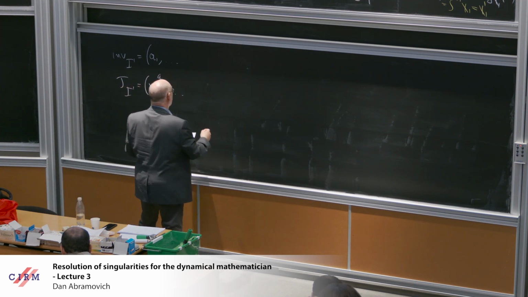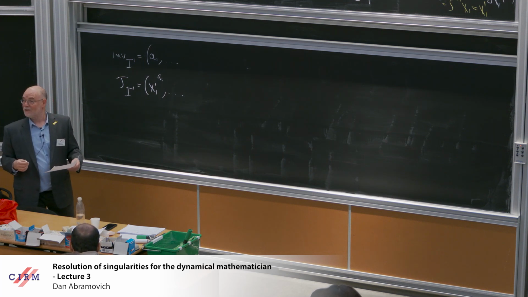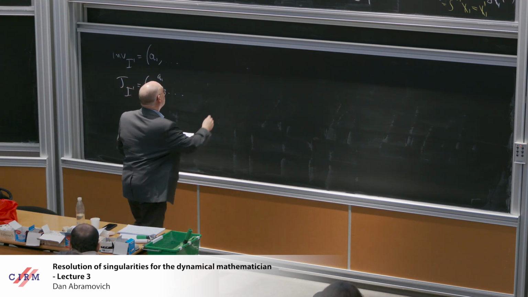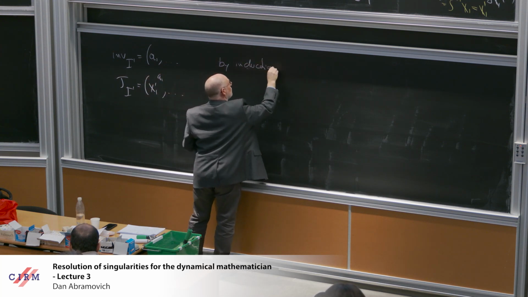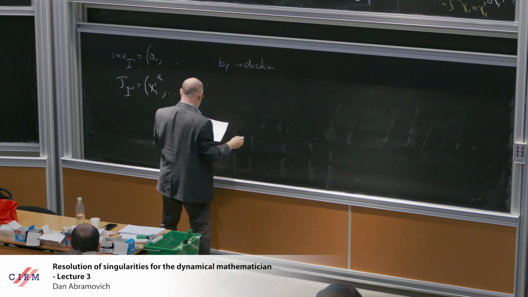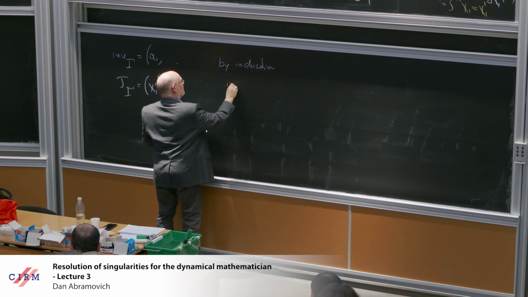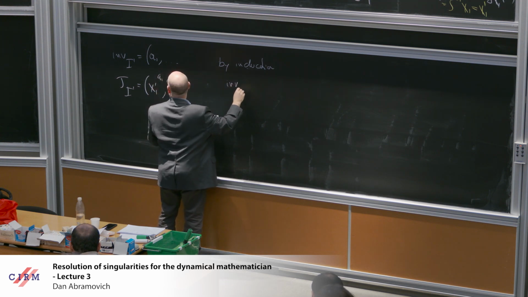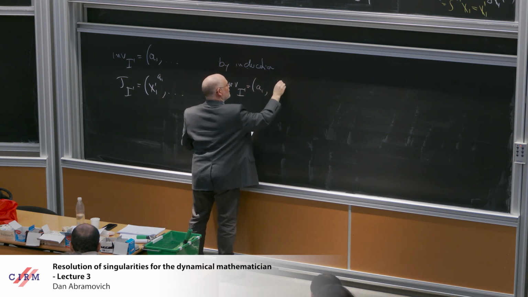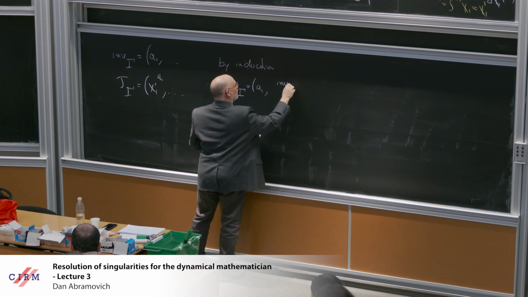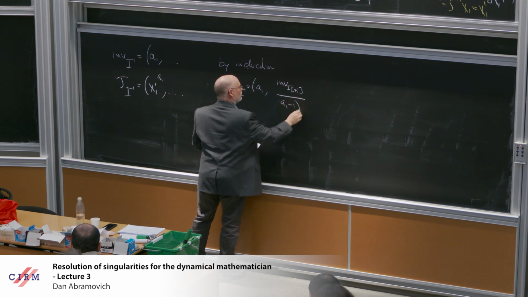So let's for a minute pretend that the coefficient ideal of the transform is the transform of the coefficient ideal. And then by induction, the invariant of I prime is A1, and then the invariant of I prime is equal to x1 prime divided by the A1 minus 1 factorial.